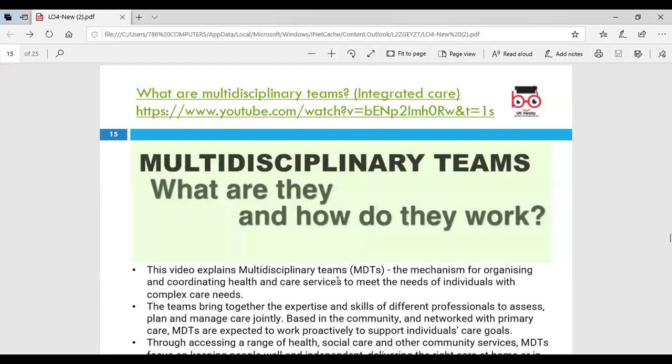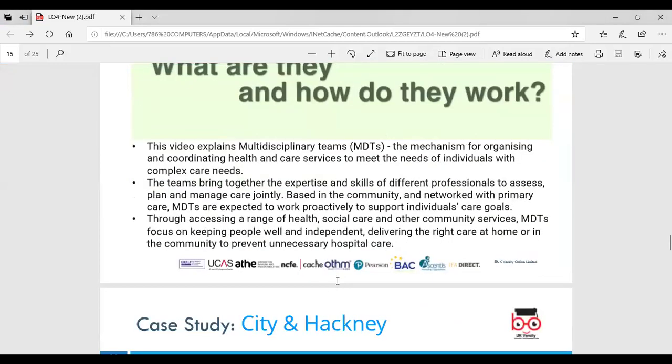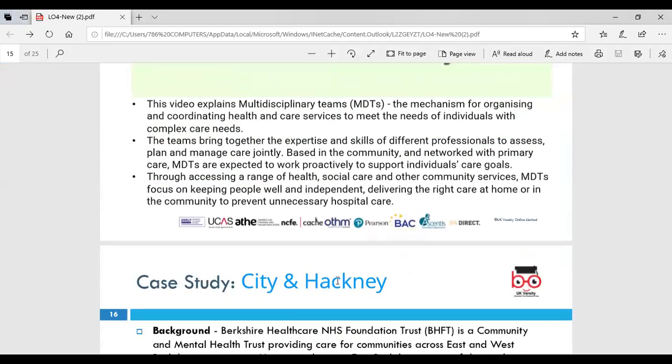So this video showed the mechanism for organizing and coordinating health and care services in order to meet the needs of individuals with complex care needs. The teams bring together the expertise and skills. There are different teams working, and they're expected to work proactively to support individual care goals.